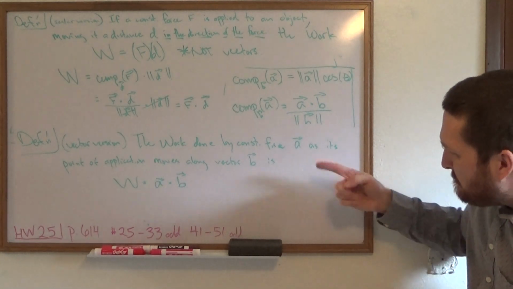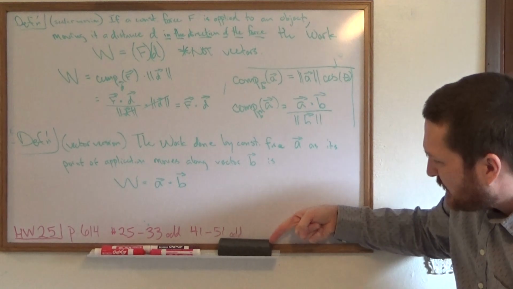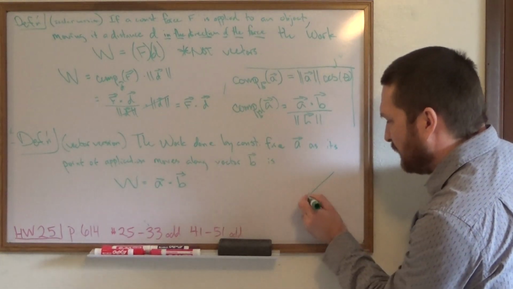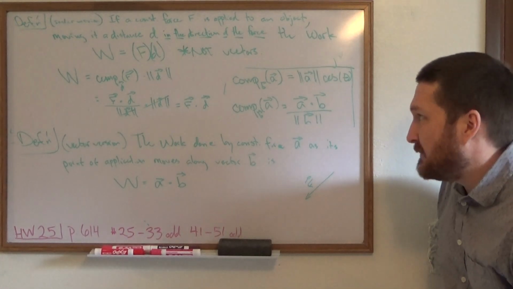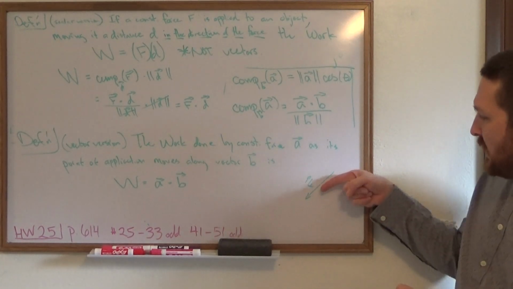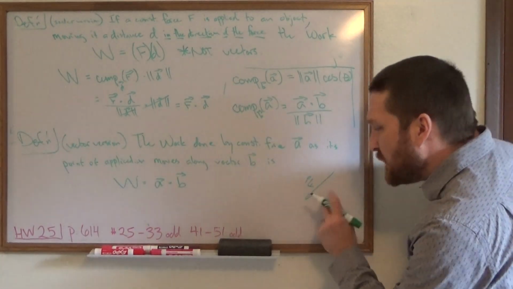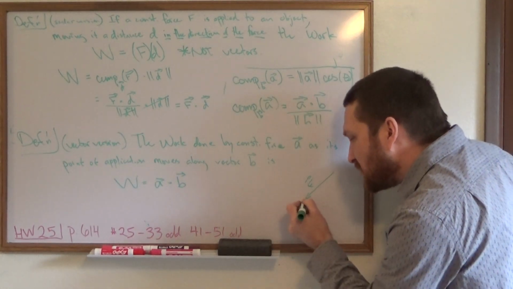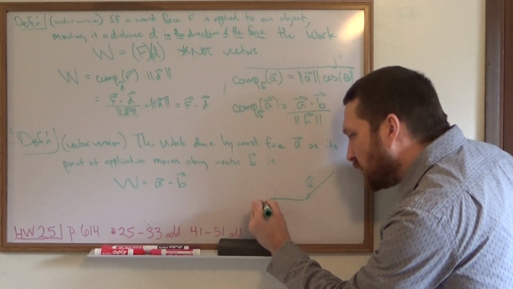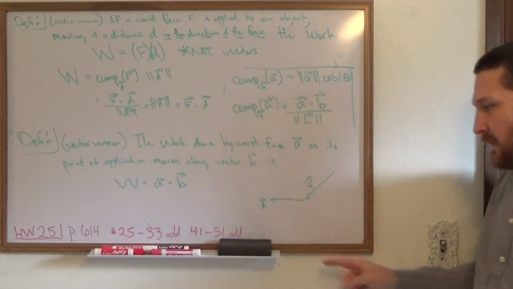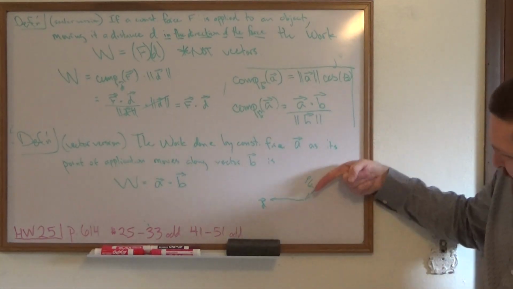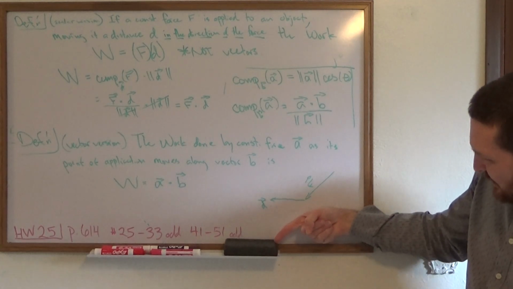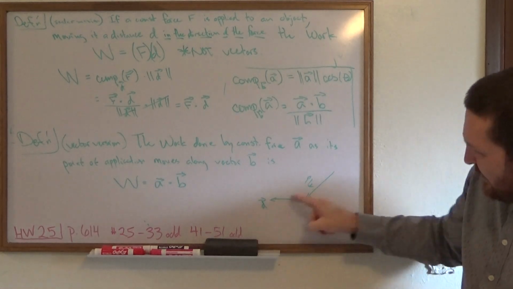As it moves along this direction, that's the direction vector, right? There's my force right there, and there's its direction. It's moving like that, right?